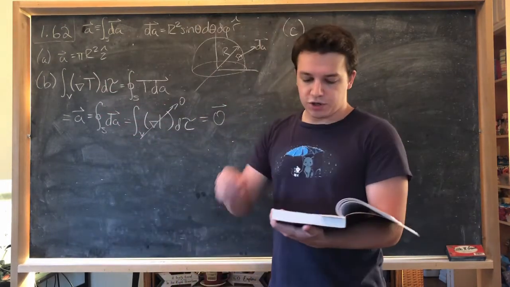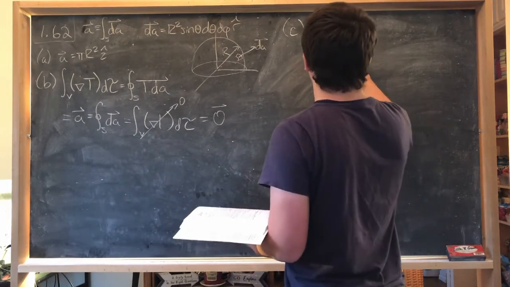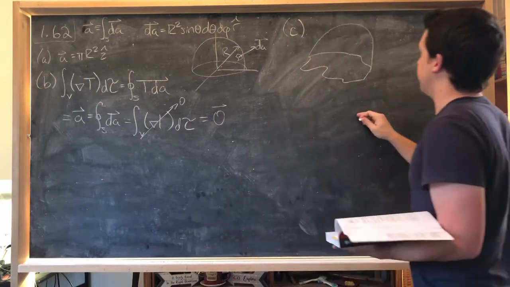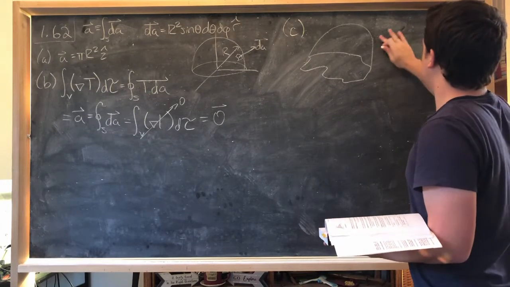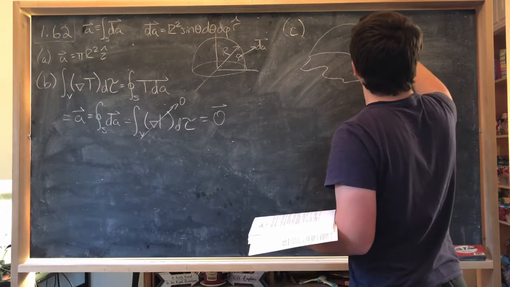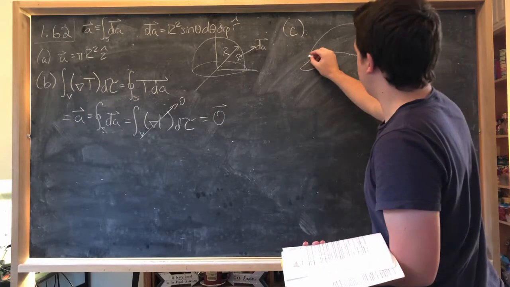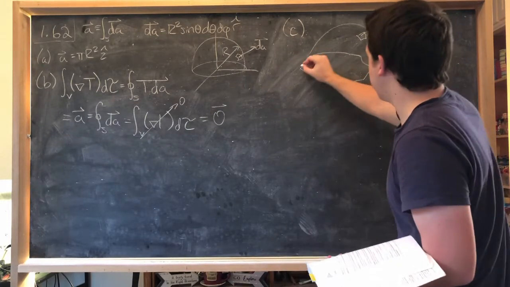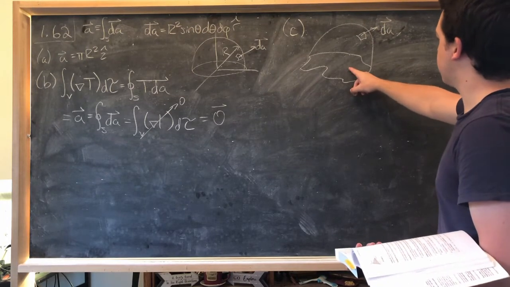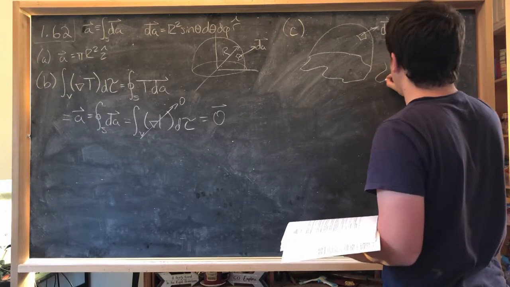It says, we want to show that A is the same for all surfaces sharing the same boundary. So let's just say that we have some surface like this. This is our surface. It has a patch dA. And this right here is its boundary. But let's say we have another surface that also has this same boundary.